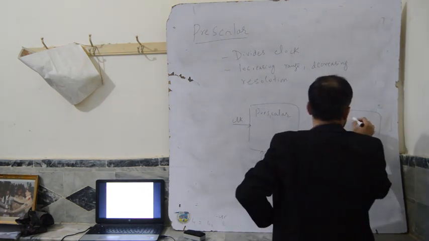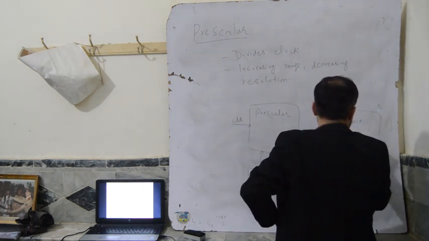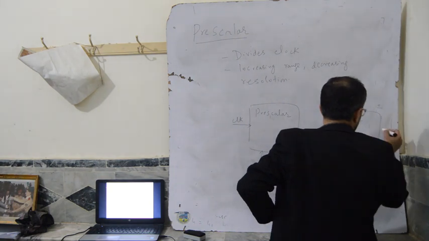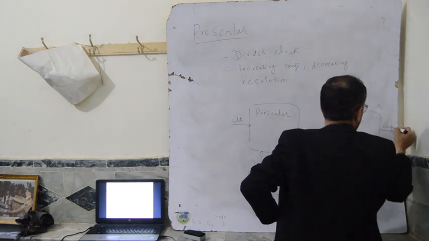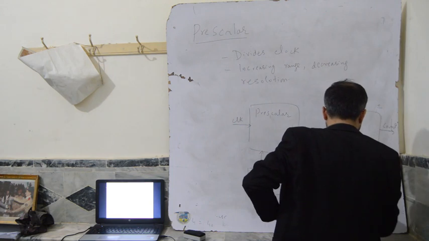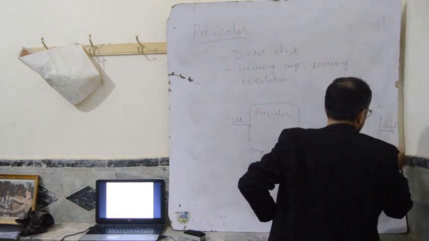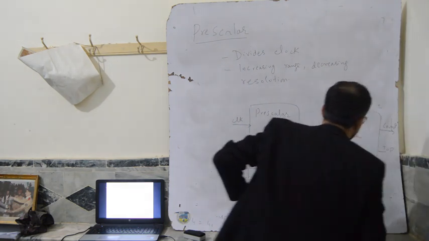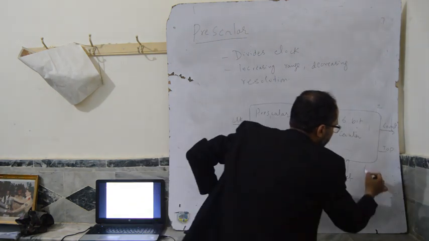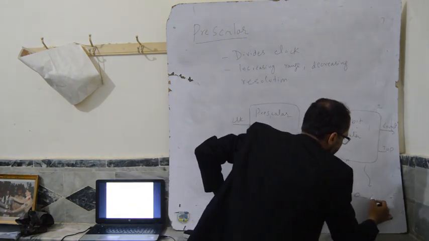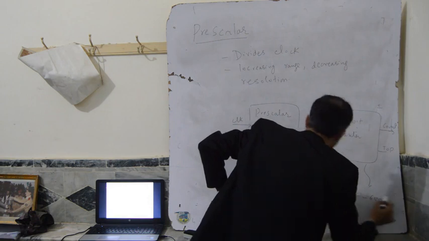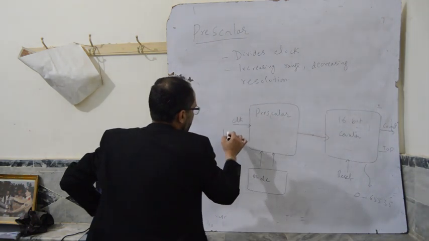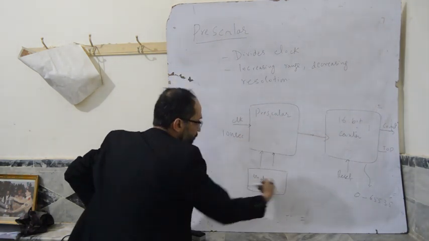So a 16-bit counter, this is your count, and now reset and the top signal. This 16-bit counter will count from 0 to 65535. So if the clock is 10 nanoseconds, there can be different modes of operation.